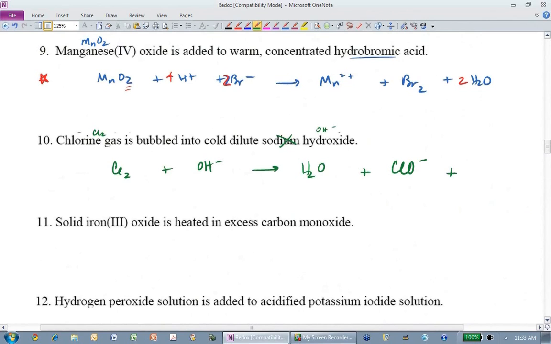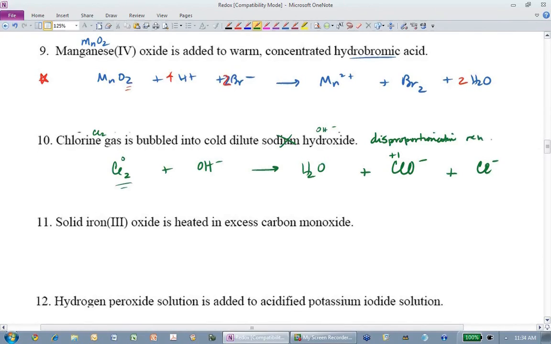Now, that got me from 0 to an oxidation state on the chlorine of, what would that be? +1. So that's my oxidation, but what's my reduction? Well, just make Cl minus. When you make Cl minus, now you have a reduction. So here I have one species being both oxidized and reduced. That's a dis, not a mal, but a disproportionation reaction.